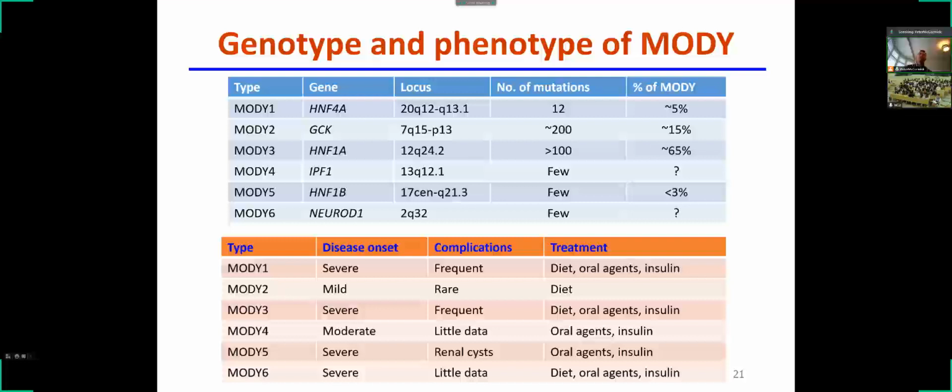And the number of mutations for GCK and HNF1A are quite high and account for the majority of the monogenic forms of type 2 diabetes. We'll cover more in terms of treatment, but you can see here that diet is a major aspect even for these forms of diabetes.